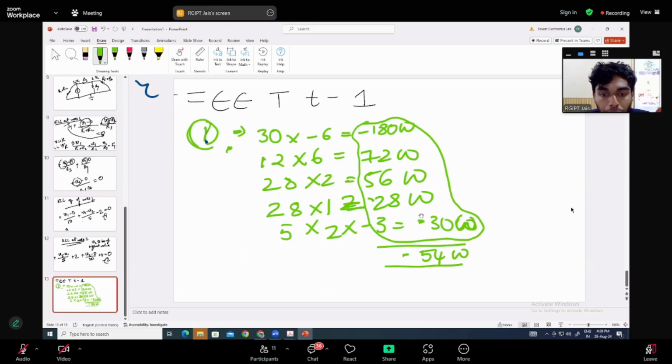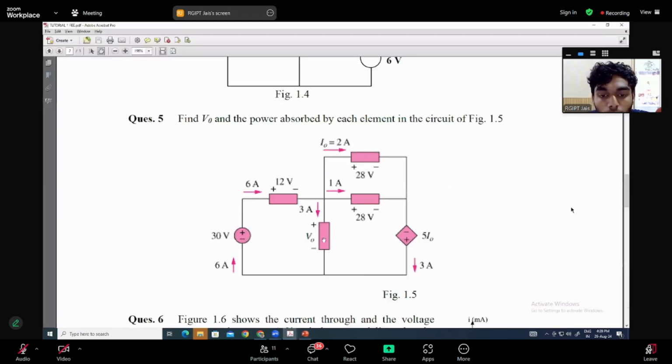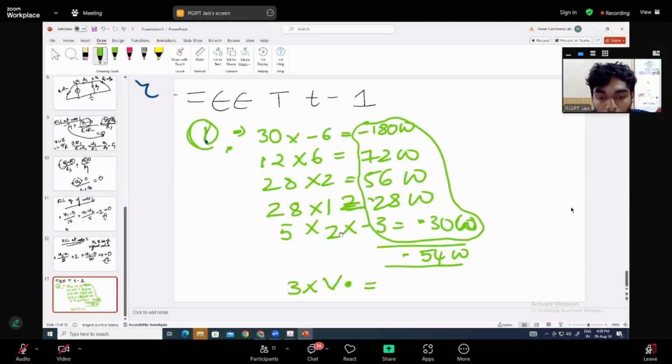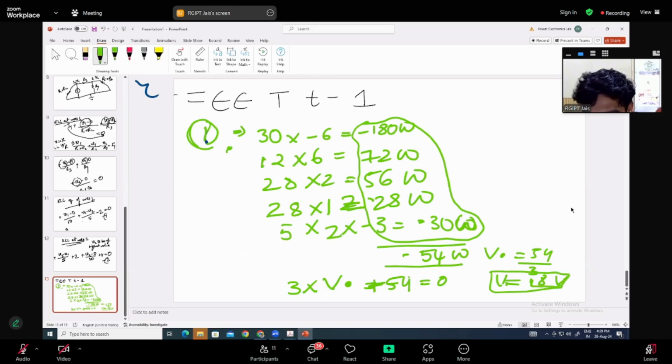And here we have 3 into V naught, the power going through this V naught source. So 3 into V naught minus 54 is equals to 0. From this we get V naught is equals to 54 divided by 3, that is 18 volt. So V naught is equals to 18 volt.